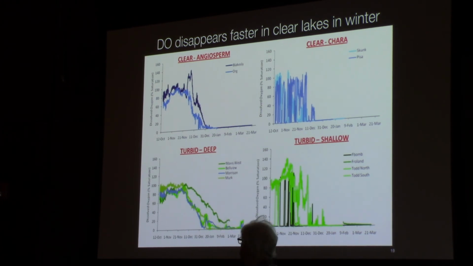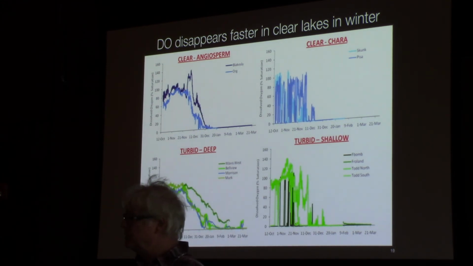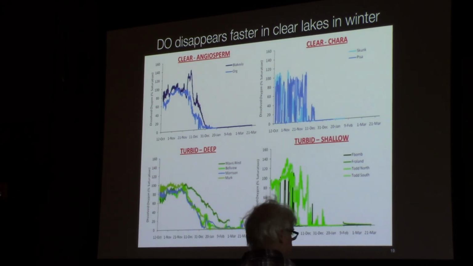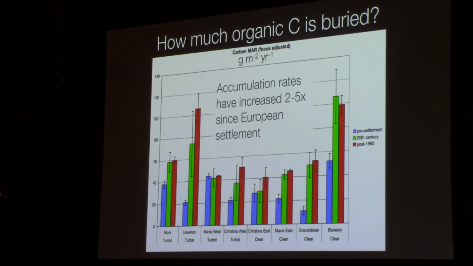So this suggests that there may be more oxygen exposure in these phytoplankton-dominated systems, and therefore you're not likely to accumulate as much organic material in these systems. But I'll show you later on. So far, we haven't really been able to detect much difference. Actually, it's in this slide right here.